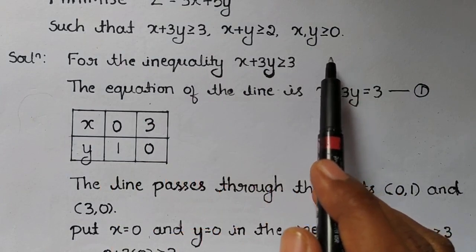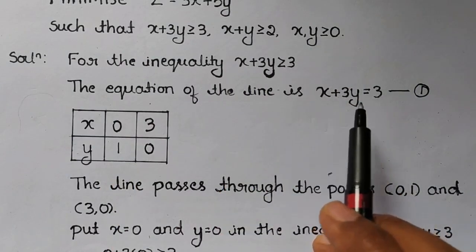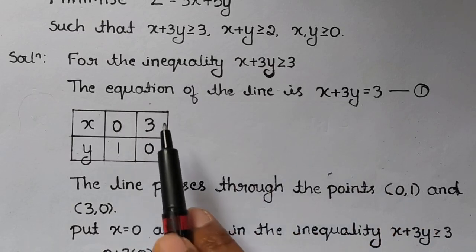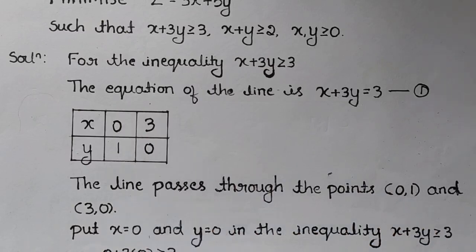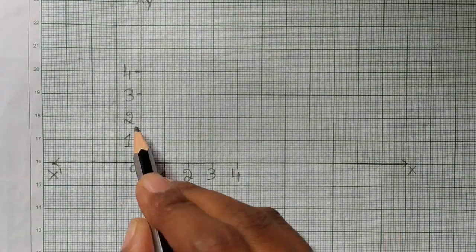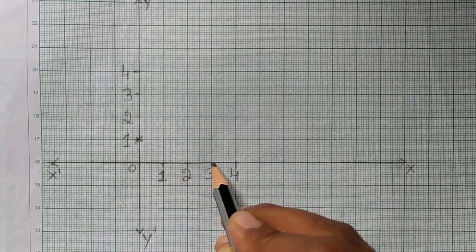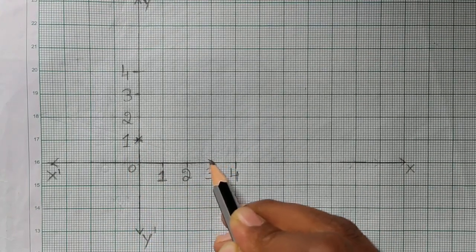Now let us draw the graph. The points on the first line are (0, 1) and (3, 0). I'll mark these points on the graph. First point (0, 1), x is 0, y is 1, and (3, 0), x is 3, y is 0.